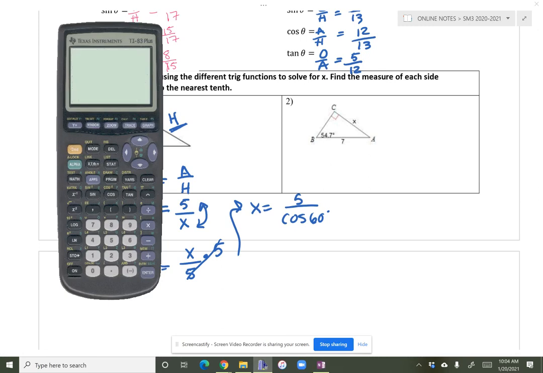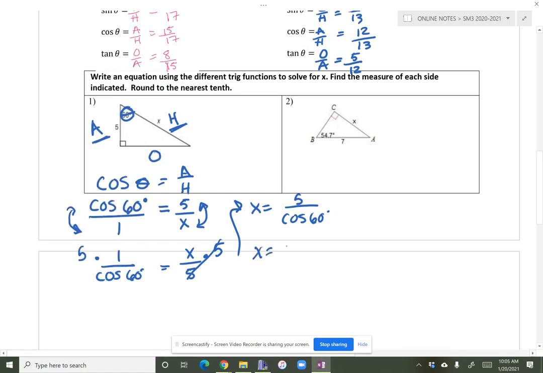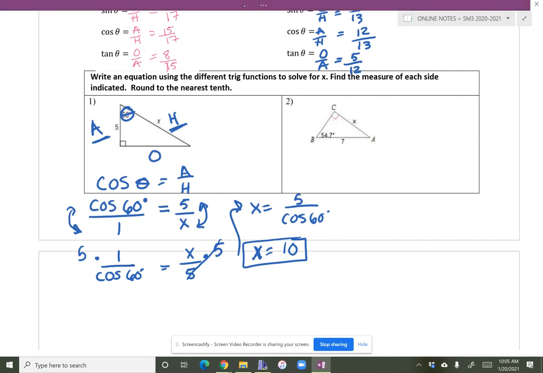Then I go 5 divided by the cosine of 60, and I close my parentheses. I push enter, and I get x equals 10, which means that h equals 10.